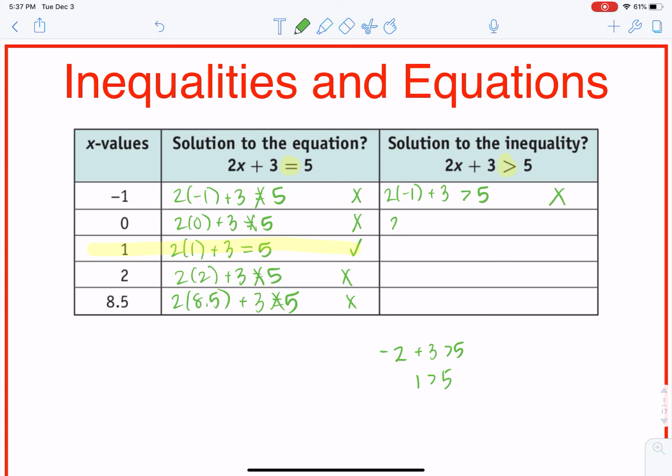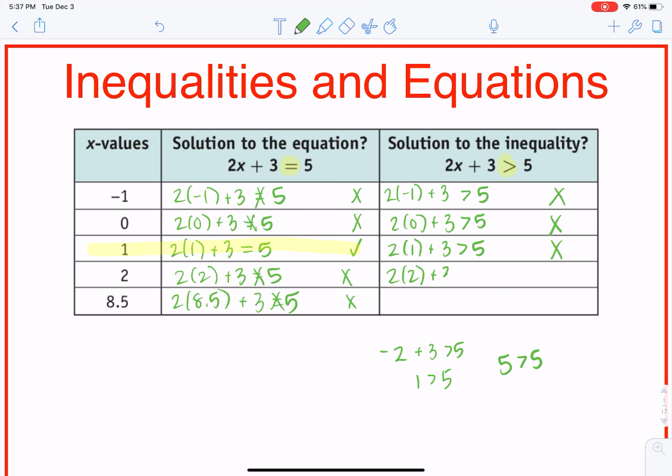What about 2 times 0 plus 3 is greater than 5? Is 3 greater than 5? It is not, so also not true. 2 times 1 plus 3, is that greater than 5? Well, is 5 greater than 5? No, 5 is equal to 5, so also not a solution to the inequality.